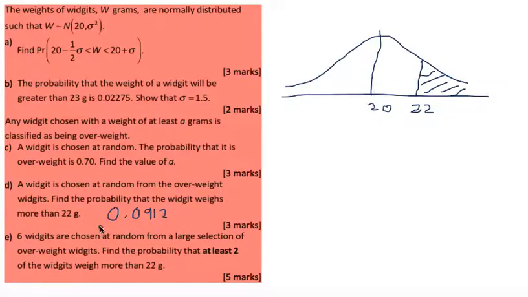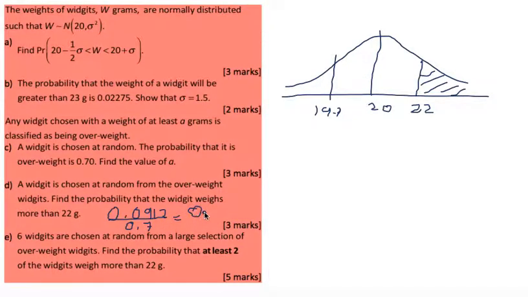But I am going to divide it by 0.7 because a widget is chosen at random from the overweight widgets. This is the probability of it being over 22 from the whole selection, but just from this bit, we have to divide it by, I think that was 19.2 or 19.1. We have to divide this by the whole 0.7, so it's this bit out of 0.7.